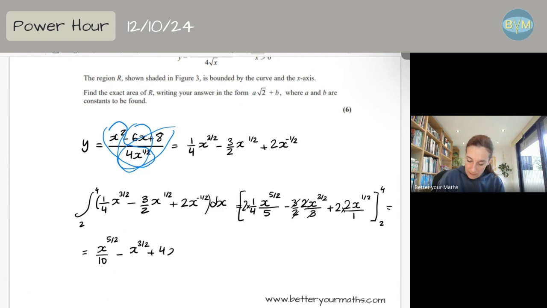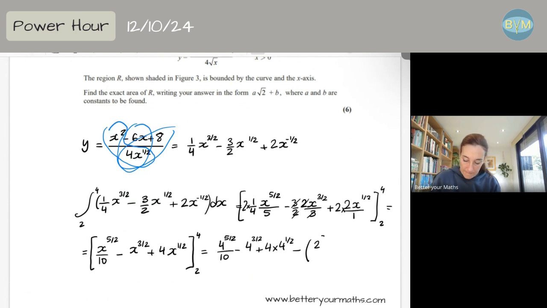Did you get this? And now we substitute the 4 and then the 2 and subtract. This is just being super careful.